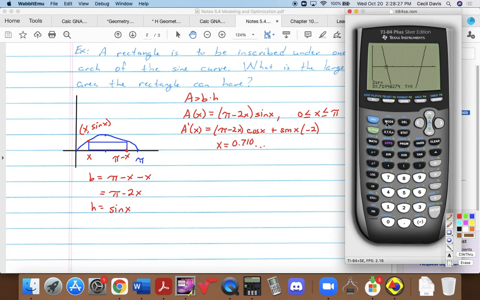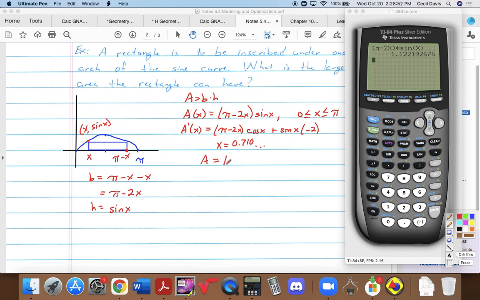So I just need to substitute that into my original. Again, so that I don't have to type all that, I can just type my original with x in it. So that it's pi minus 2x times sine of x. Because it's still thinking of that one value of x.